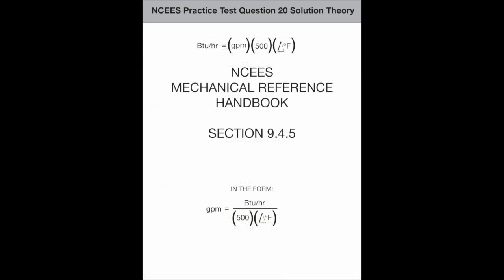Be aware, this is tucked away in a very obscure location and topic in the NCEES Mechanical Reference Handbook, Section 9.4.5. Heat or energy flow in BTU per hour is equal to fluid flow in GPM times 500 times delta T in degrees Fahrenheit.